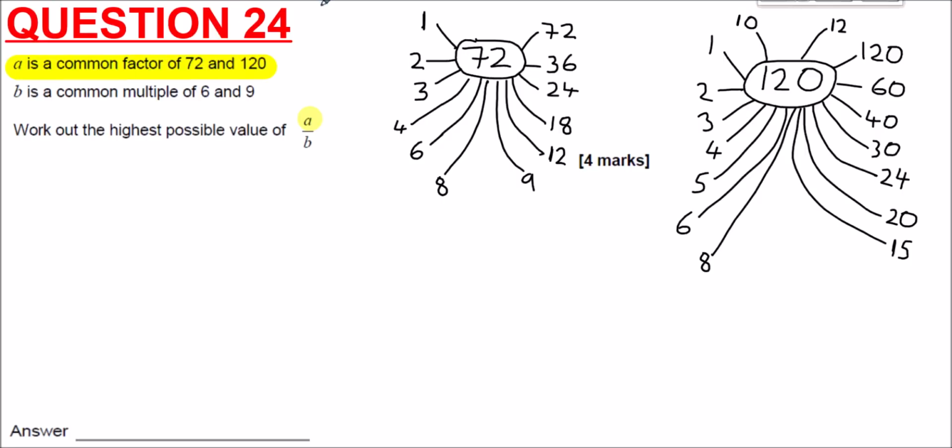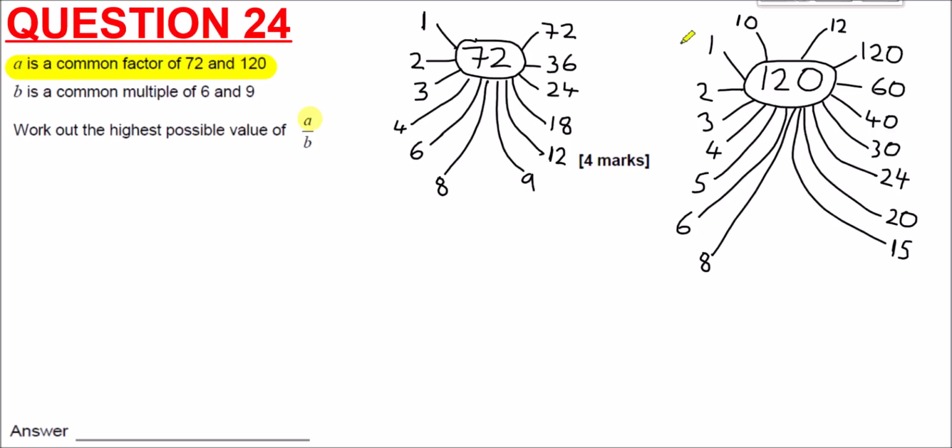And so we're wanting common factors. And so let's have a look at which ones we can see in each. By the way, because we're wanting the highest possible value of a divided by b, what we're wanting here is to find the highest common factor. And so the highest factor here is 72 and 120 here, but there's not 72 and 120 in each. And so that's not a common factor of each.